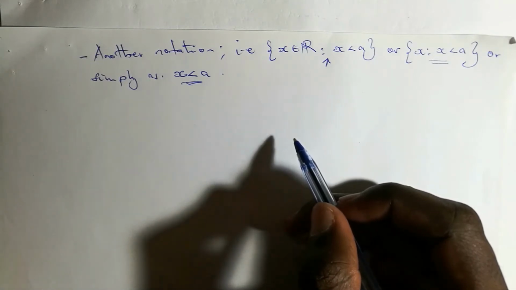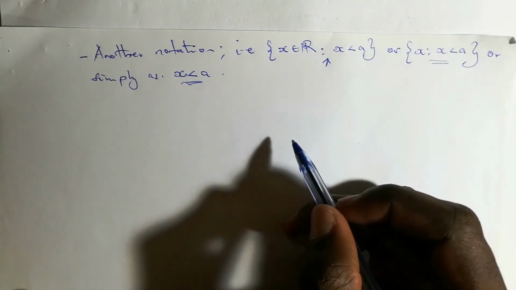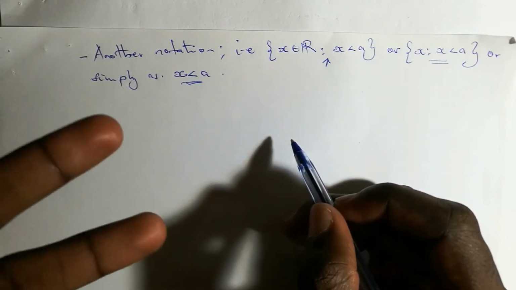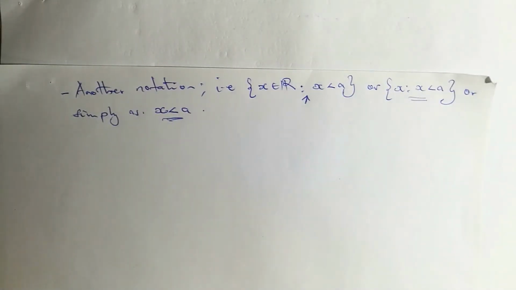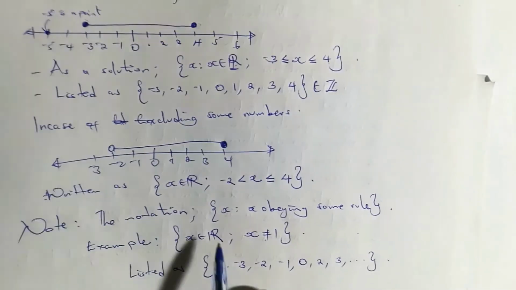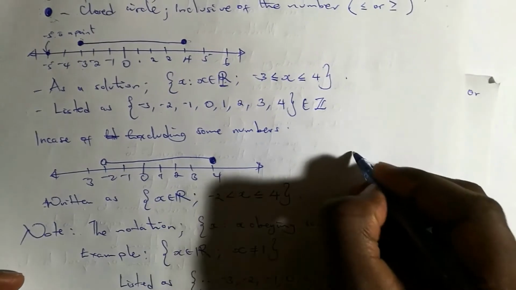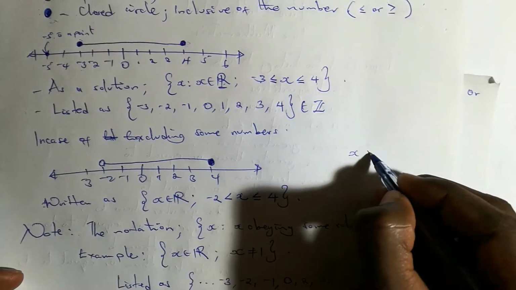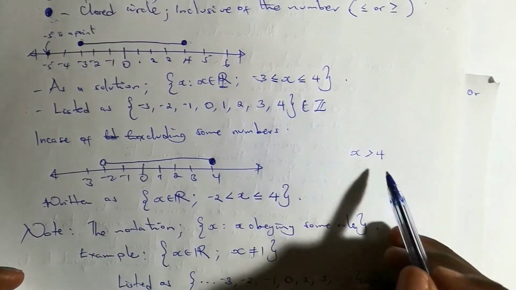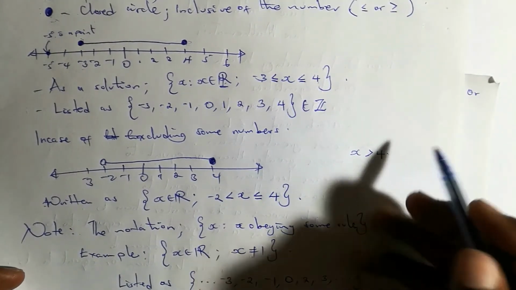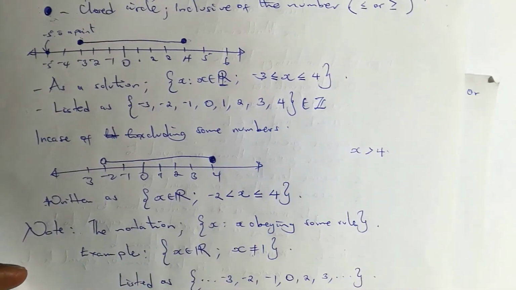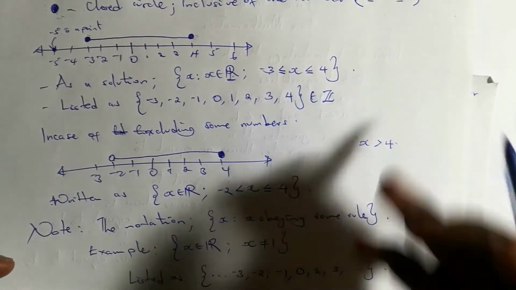Like when you're solving an equation, you have either one number or two as your solution. But for this case, we might have a range of numbers, just like we had been seeing before here. We can have x between this and that, and sometimes x greater than, let's say, 4. That means you're going to have x from numbers bigger than 4 onwards until no end, or until infinity.